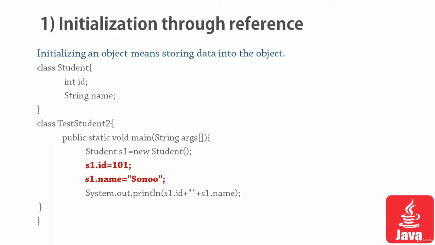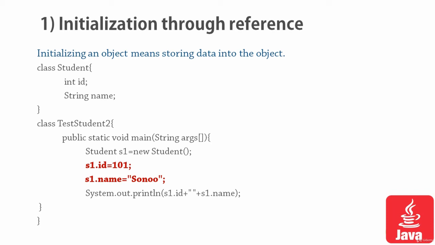First is initialization through the reference. We can initialize the variables of the class by means of objects, by storing data directly into the variables. In the class, we have two variables, say id and name, of integer and string types. We have a different class, and we can create an object of the same class and assign values by using a reference.